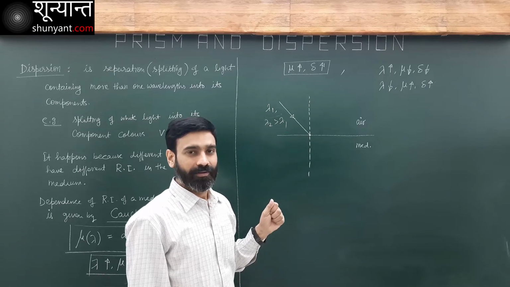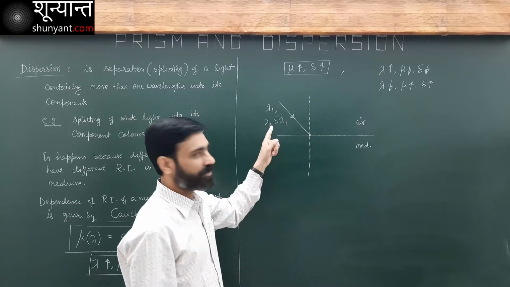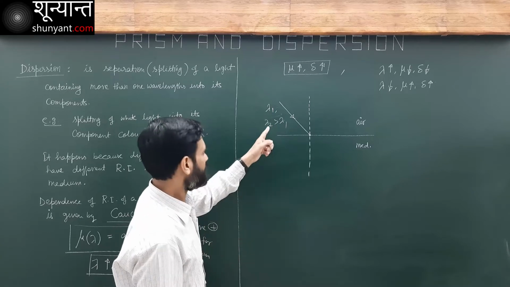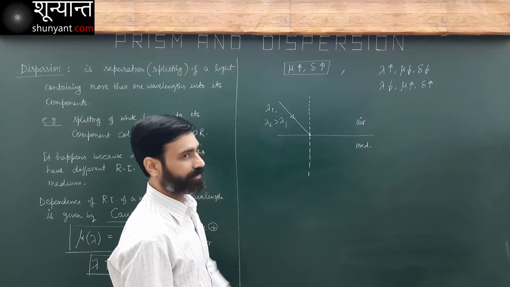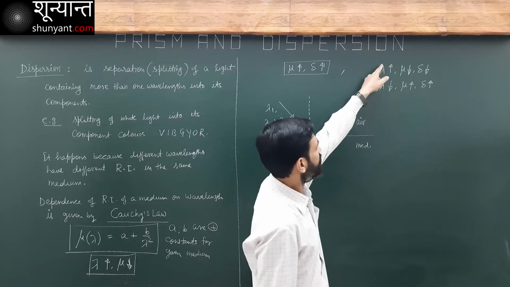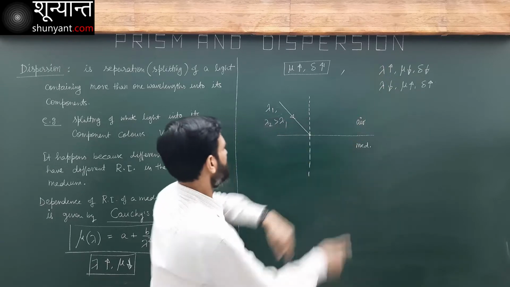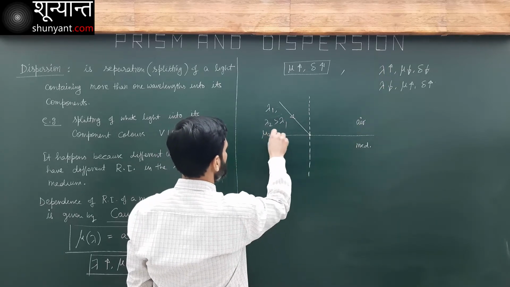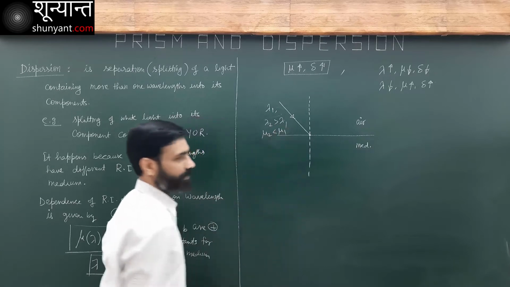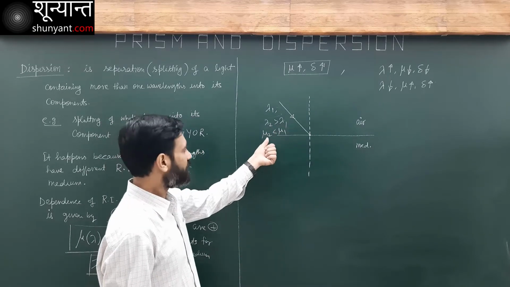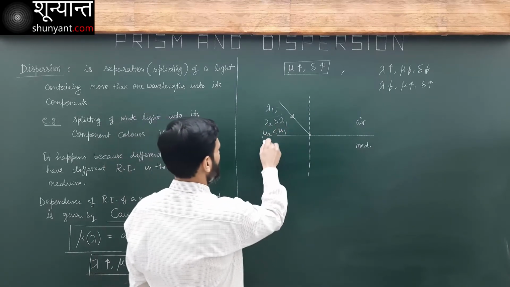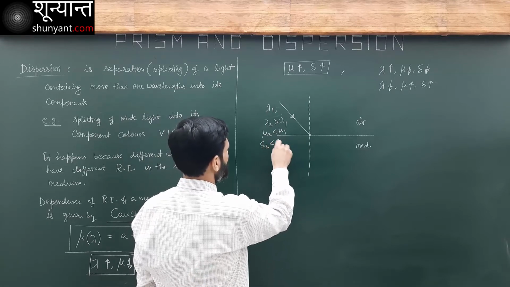The refractive index for which wavelength will be more? If lambda 2 is more than lambda 1, when lambda increases, mu decreases. That means mu 2 is less than mu 1, so the deviation delta 2 is going to be less than delta 1.